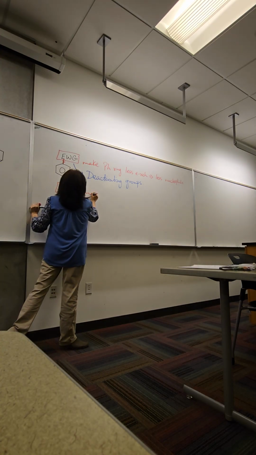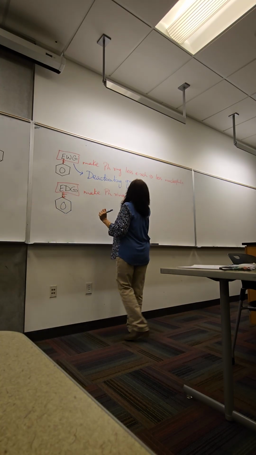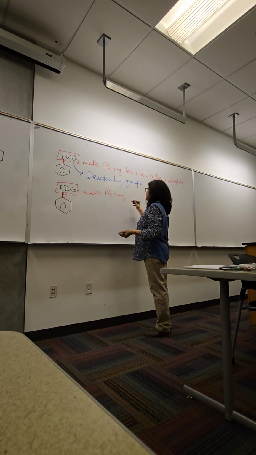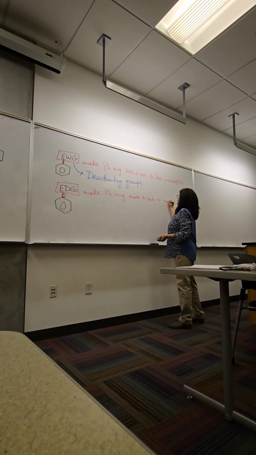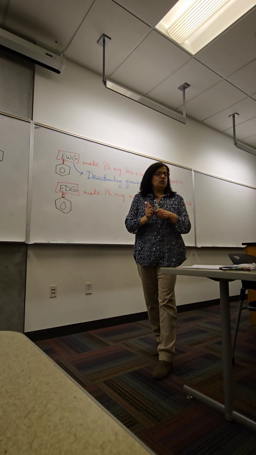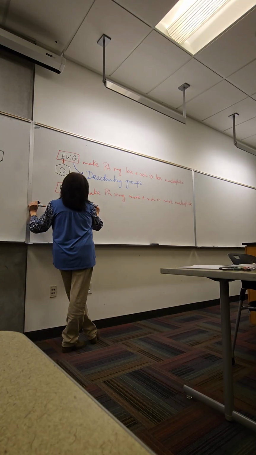And if benzene becomes more electron rich, will it react faster or slower with an electrophile? Faster. Exactly. Which means it's a better nucleophile, or increases its nucleophilicity. So what's the opposite of deactivating? Activating.